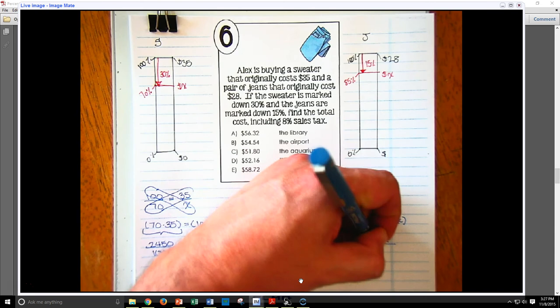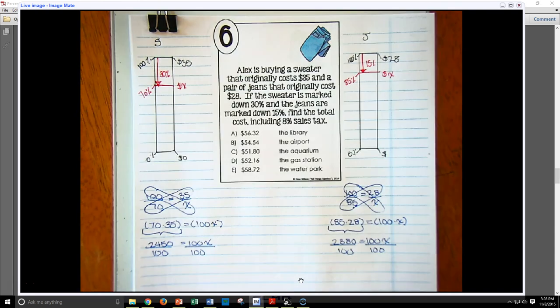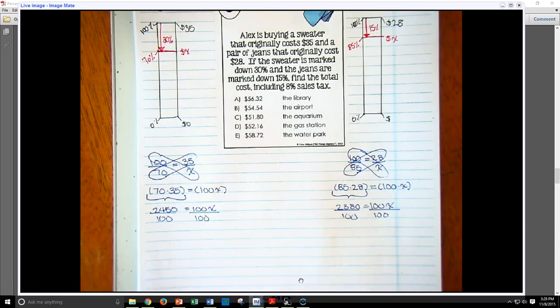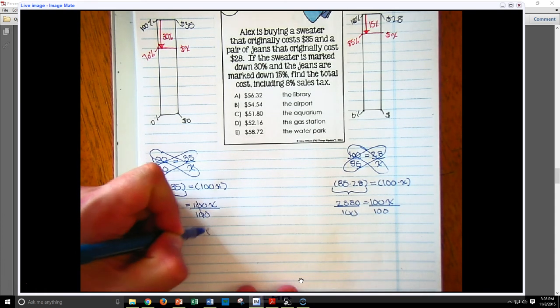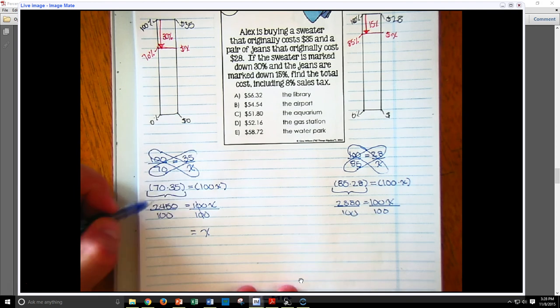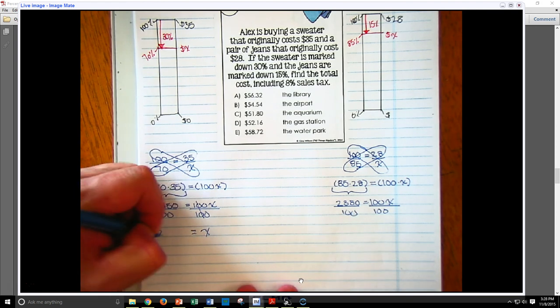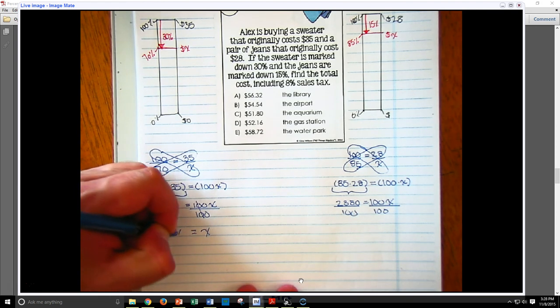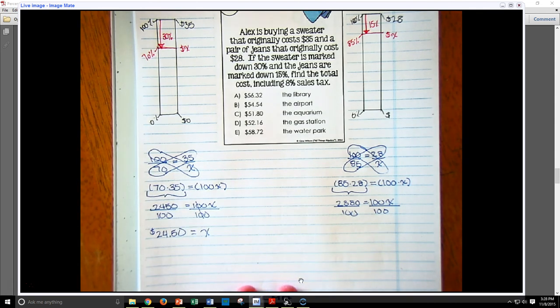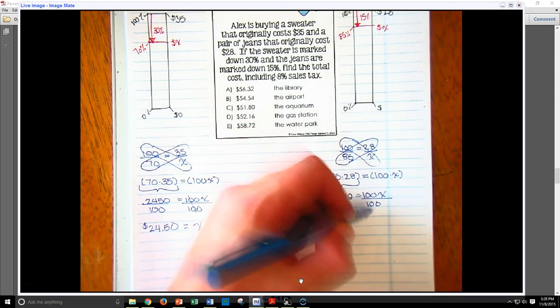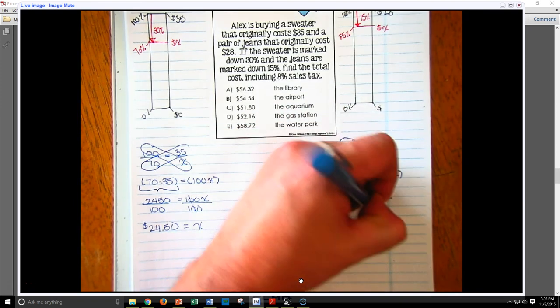But it is very nice when we do, because we have nice cancellations, and all we have is a simple decimal movement. 100 divided by 100 is 1x. And then we have 2,450 divided by 100 is $24.50 in this case. That's the sale price of the sweater. Over here, we have 100 divided by 100 is 1x.